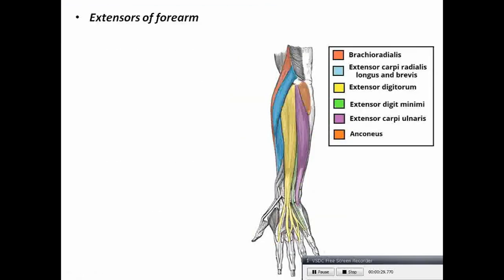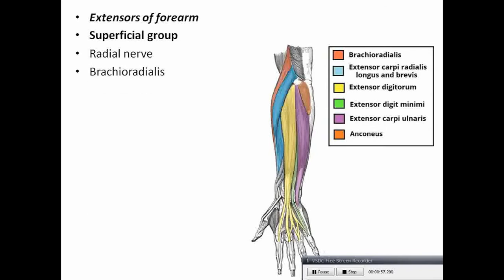Now the extensor muscles of the forearm. Here again it is arranged into a superficial and a deep group. First let's see the superficial group. The main nerve supplying the muscles here is the radial nerve and its branches.